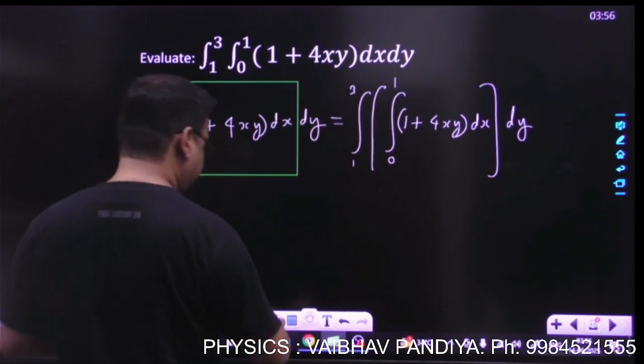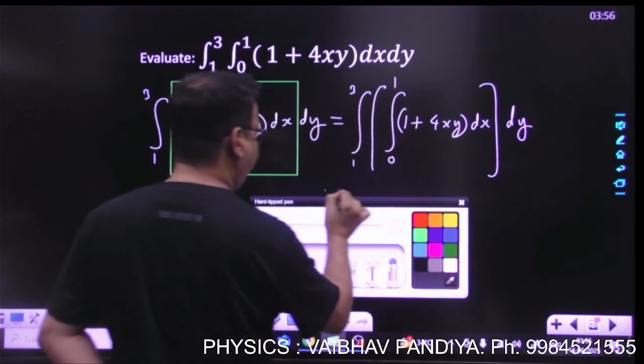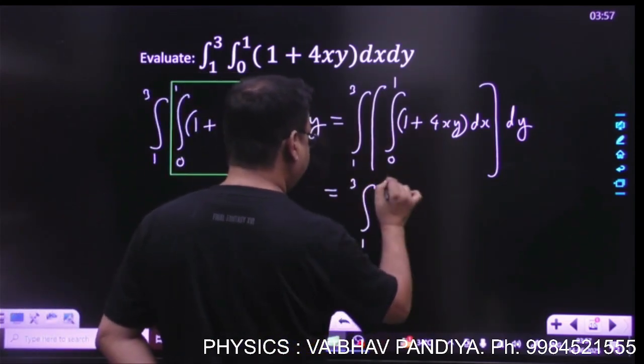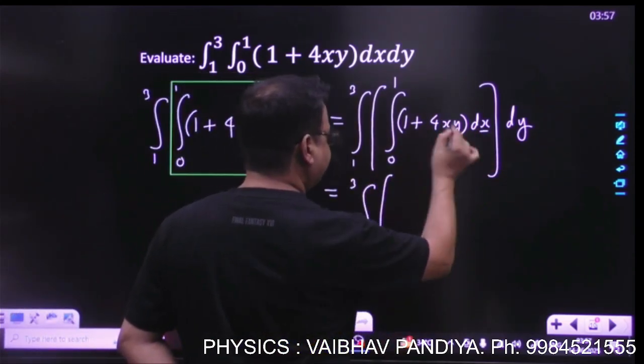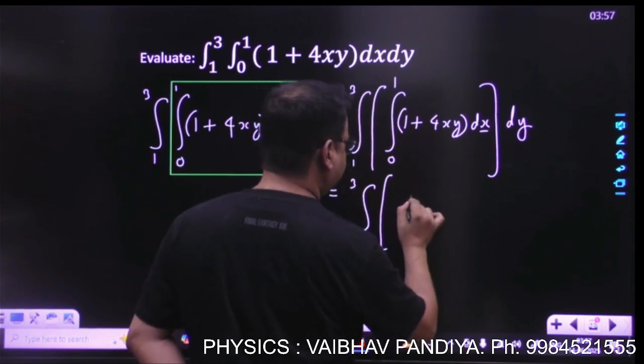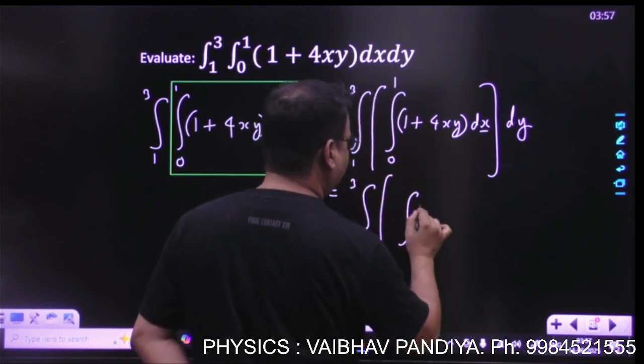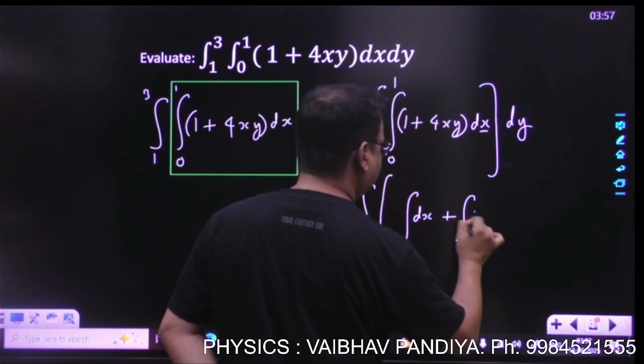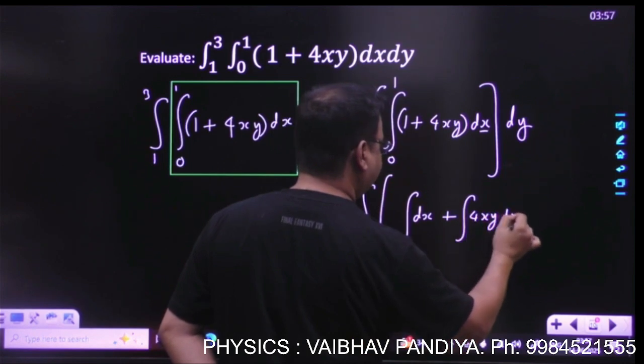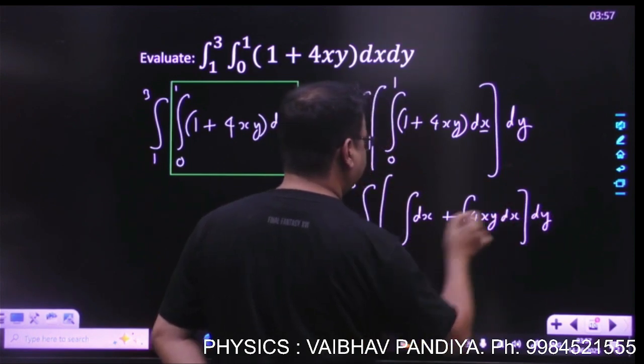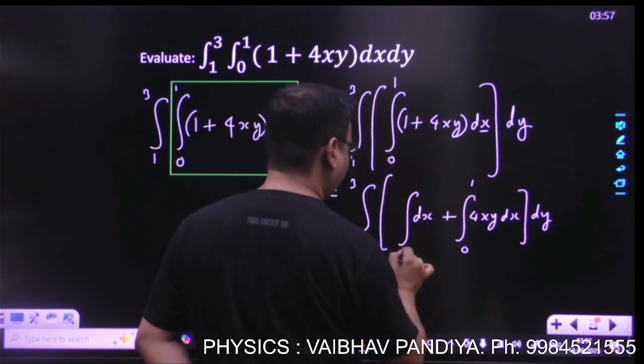Okay. Now this will be 1 to 3, and x is treated as a variable, so I'm just separating it out. I will get 1 dx plus 4xy dx. I will put the limit afterwards, so if you want you can put right now also, no problem.